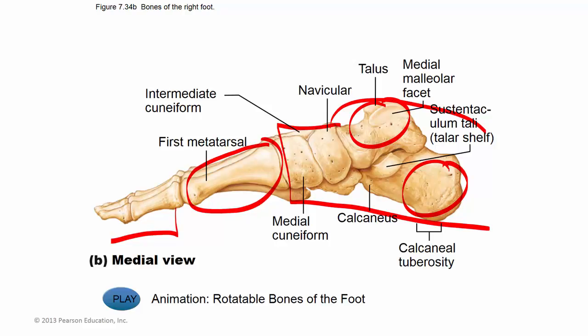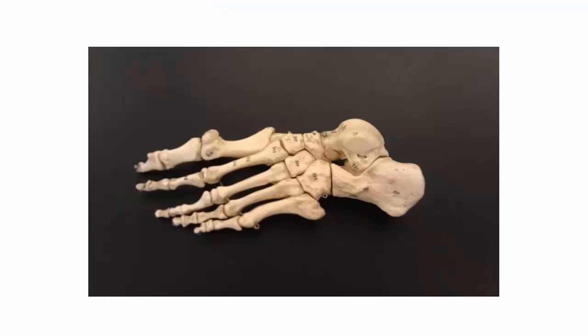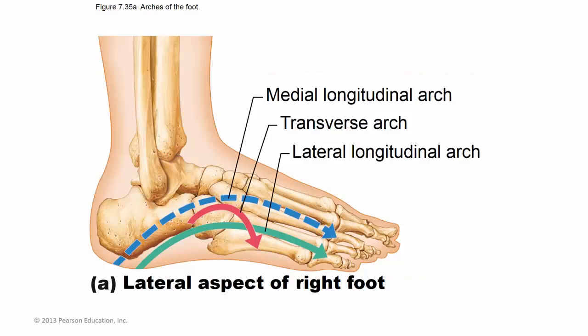So make sure you recognize these structures not only from the top, but also from the side. And this is an actual skeleton. You can see your calcaneus, your talus, all of these being tarsals, all of these, 1, 2, 3, 4, 5 metatarsals, and then these would be your toes or your phalanges. So again, just practice looking at the skeleton and identifying the bones.